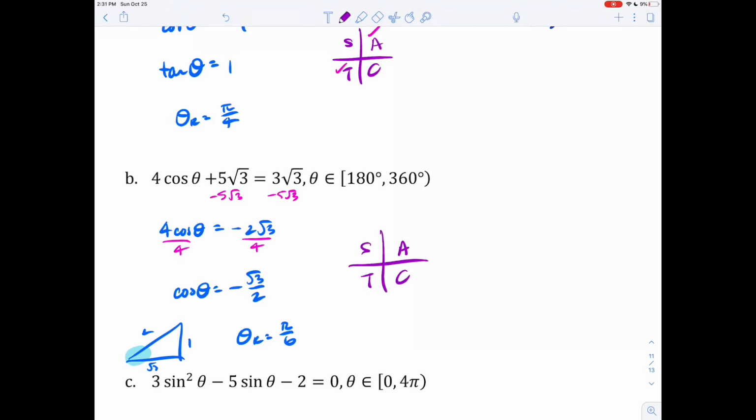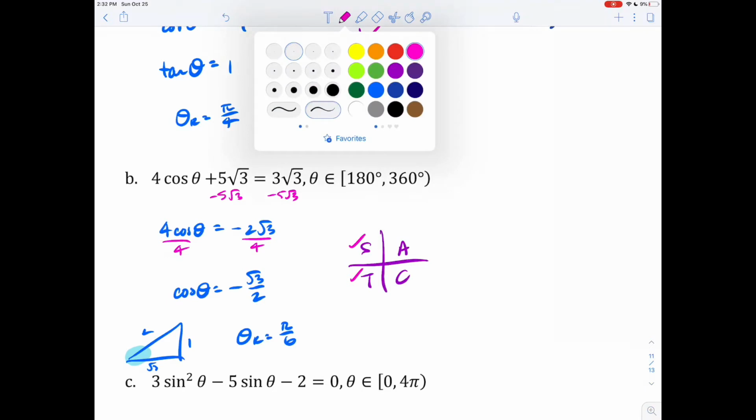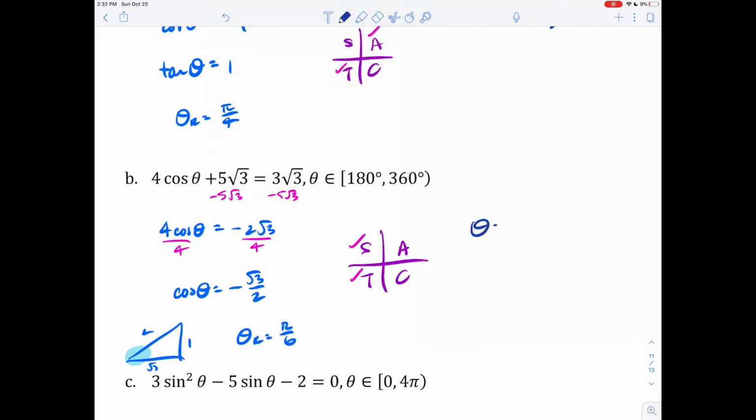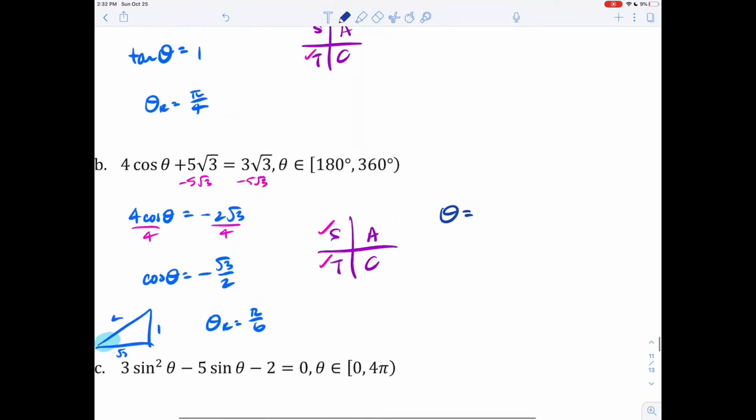And from 0 to 360, since cosine is negative, we're dealing with quadrants 2 and 3. In quadrant 2, theta would be 5 pi over 6, and quadrant 3, 7 pi over 6.